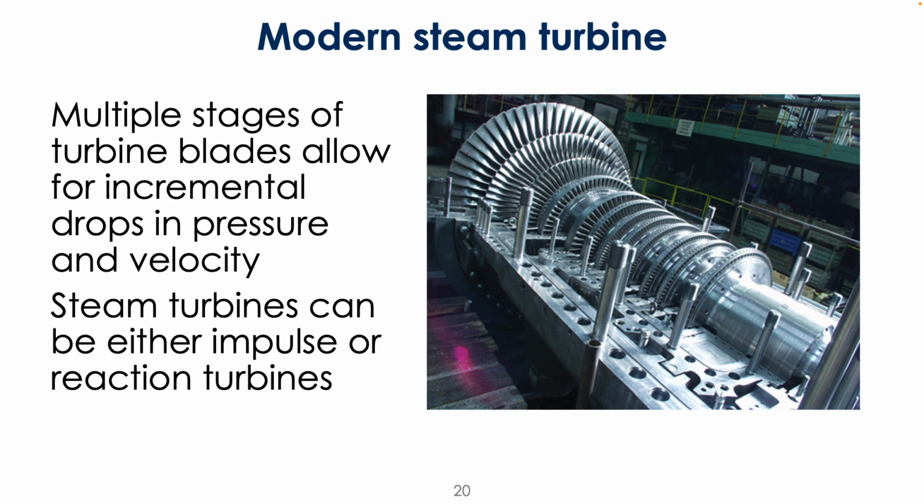A modern steam turbine, this is a picture of this. So you have lots of these incremental turbine blades, and essentially what that does is allow you to increase or decrease pressure from your fluid flow. And having multiple stages of that can increase pressure and then decrease pressure on each side.